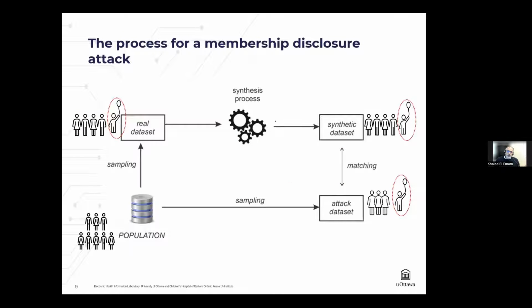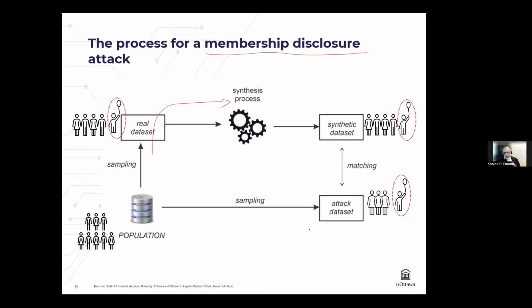The second type of privacy risk that is commonly considered for synthetic data is called membership disclosure. So what membership disclosure means is, if I have a population here, say a population of patients, and then some sample of that is produced, and then this sample is used to create synthetic data, and then we have a synthetic data set from that sample.